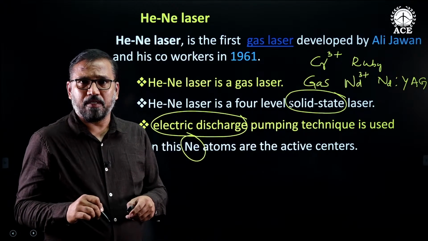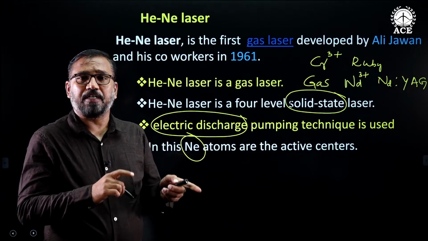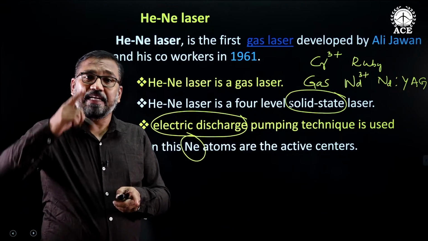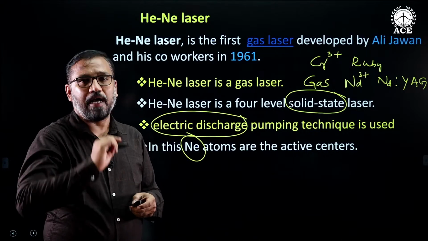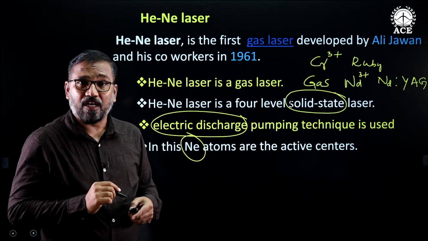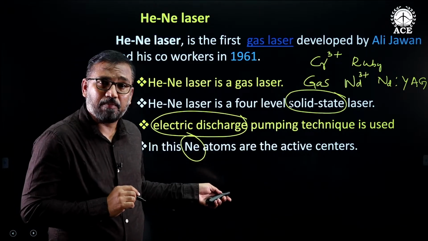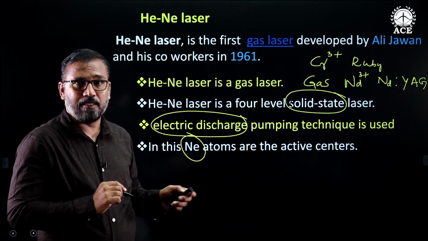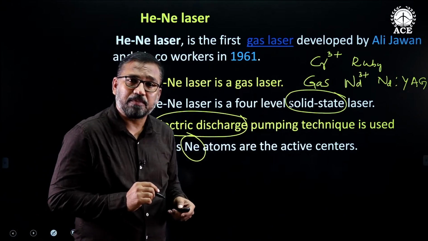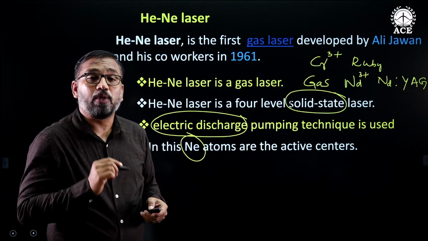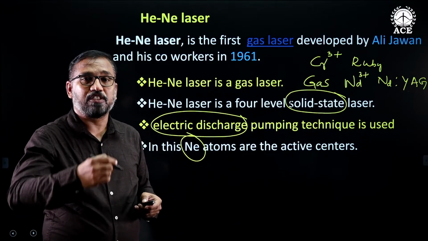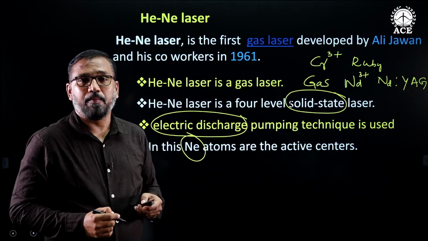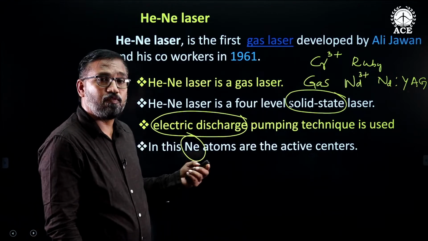Not only that, they also interact with the neon atoms, exciting them from a lower energy level to a higher energy level. For the excitation of neon atoms we are using helium atoms, so they are the supporting character, helping achieve more neon atoms in the metastable state. It is a 4-level laser.